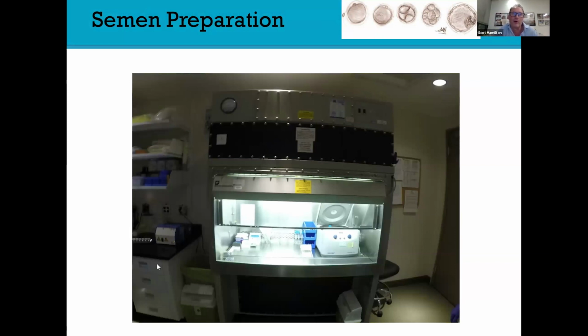Because it's semen, a bodily fluid, it has to be processed in one of these biological safety cabinets. And it's a pretty simple process involving fairly simple equipment: a centrifuge, microscopes, and simple medias.